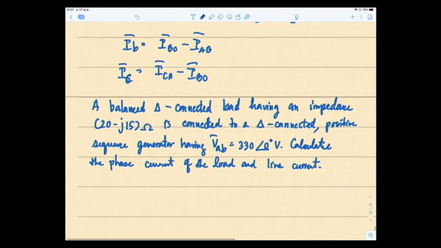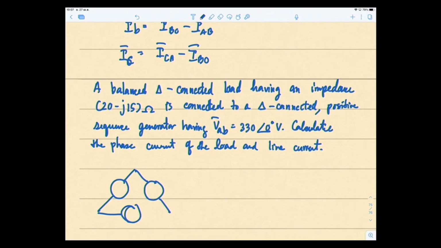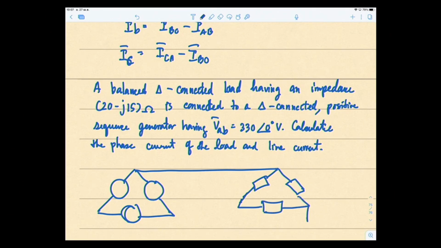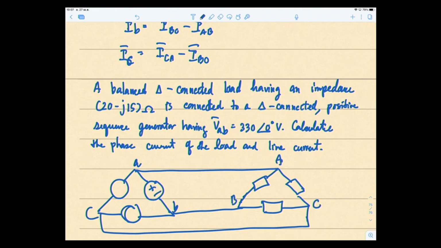So if I draw the picture, A, B, C, A, B, C. So VAB, VBC, VCA.